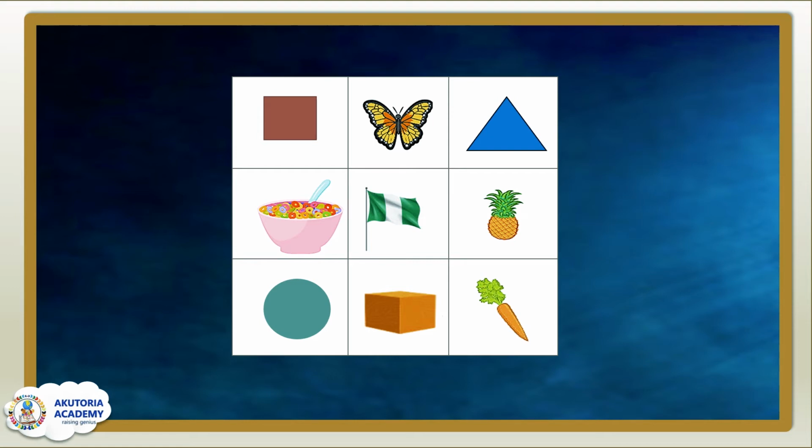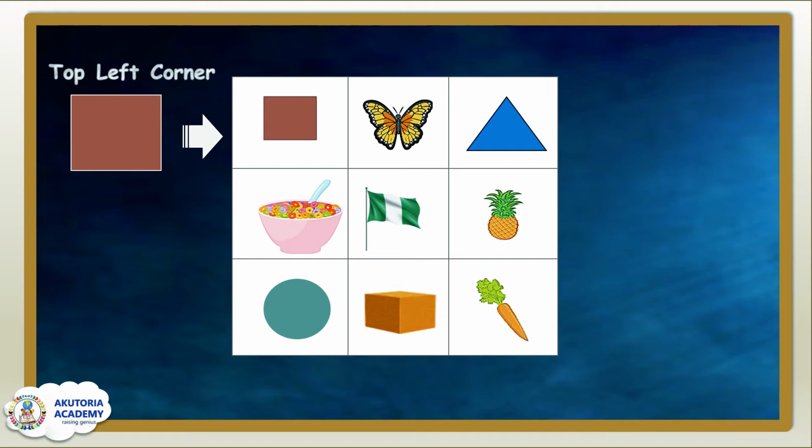So, it's not at the middle, but it's at the top, and it's towards the left. So it's called the top left corner. The square is at the top left corner.